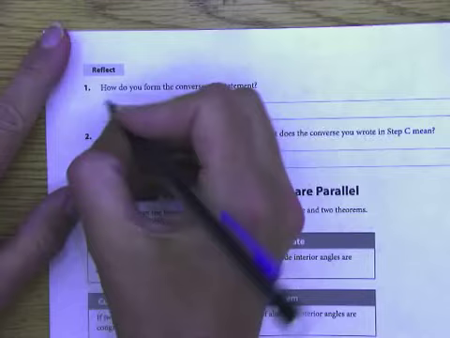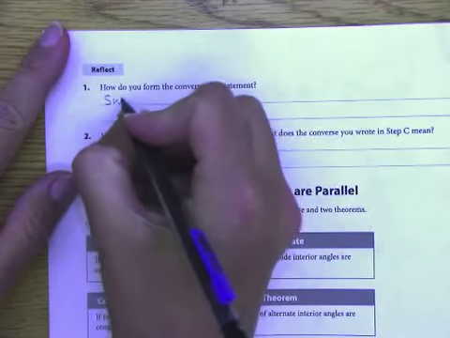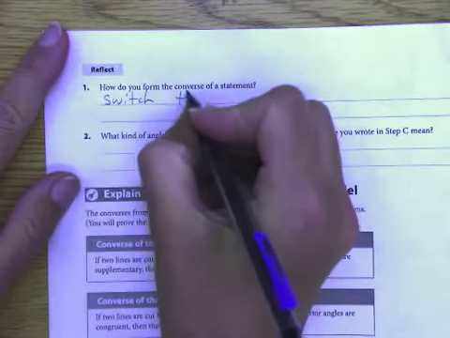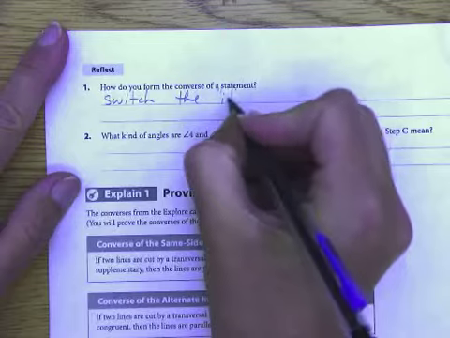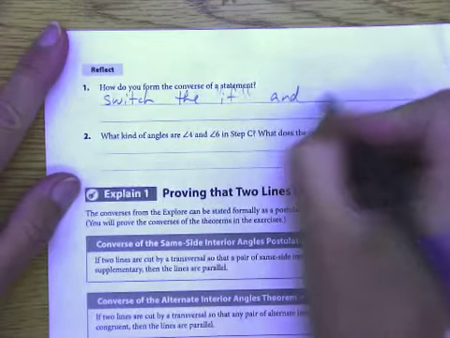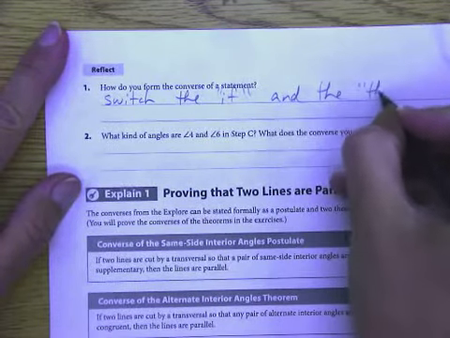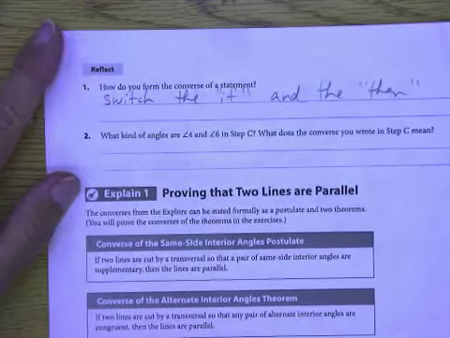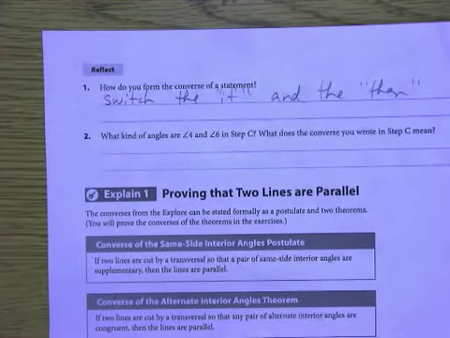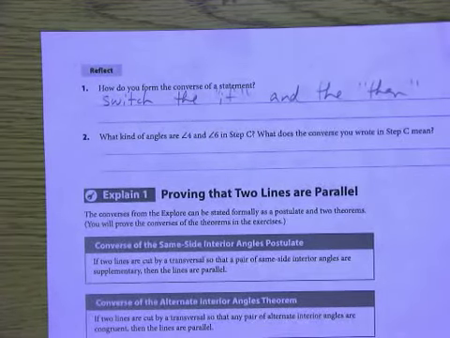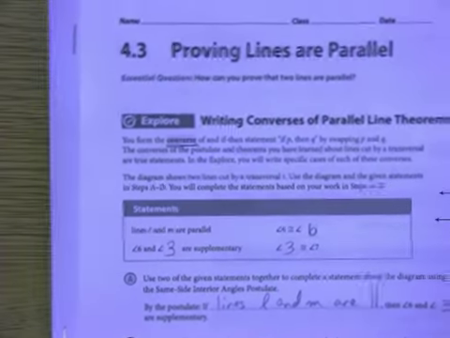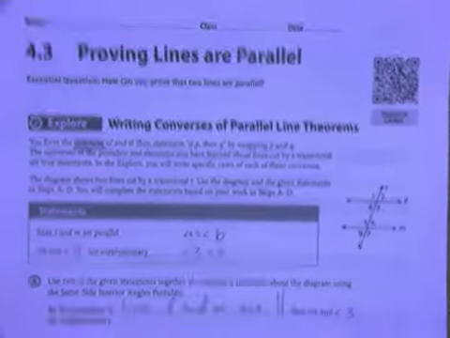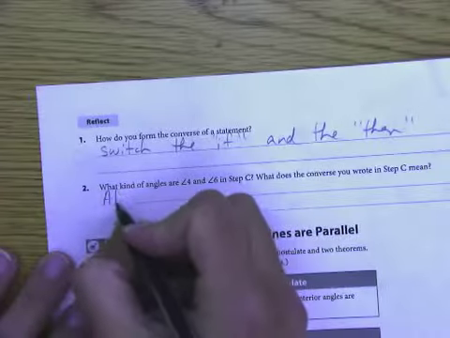So reflecting on what we just did, how do I form the converse of a statement? You might say you switch the if and the then. What kind of angles are angles 4 and 6 in step C? Angles 4 and 6 were alternate interior angles.